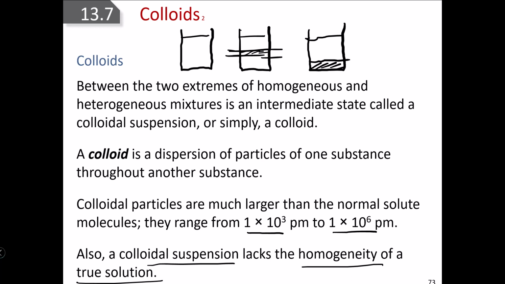So that's kind of the difference. So that's what they're saying by intermediate. This is a solution, homogeneous mixture. This is a heterogeneous suspension, and in between is a colloid, like milk. Think of milk as a colloid. All right, if I take a really strong beam of light, I can see the beam traveling through the milk.